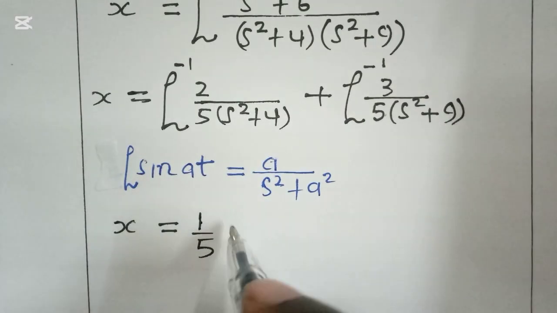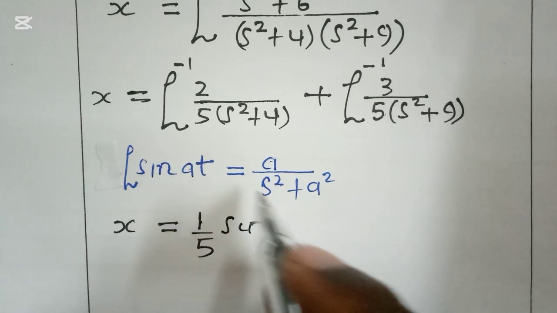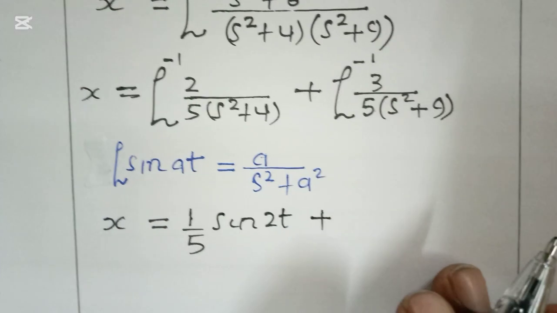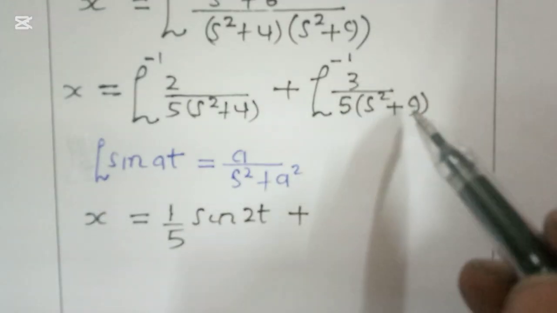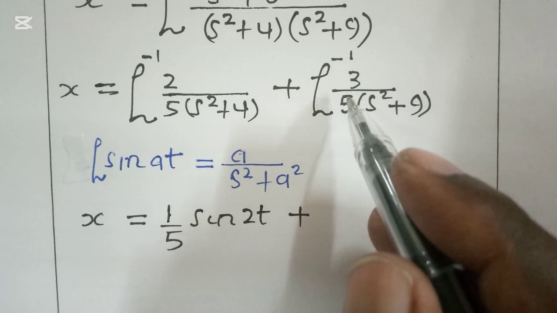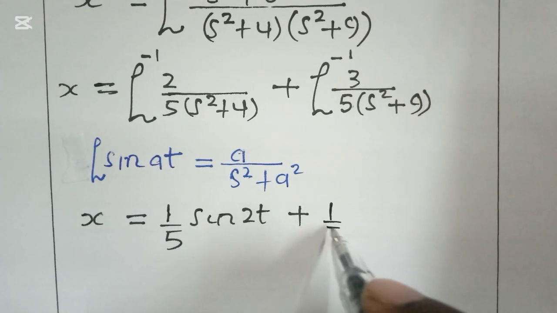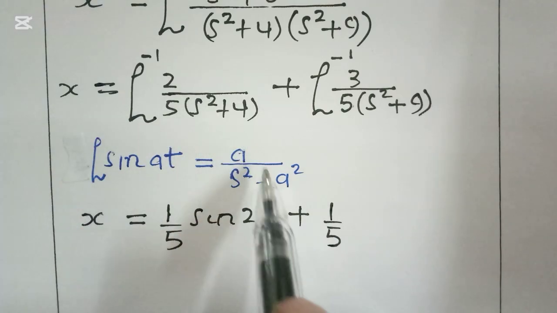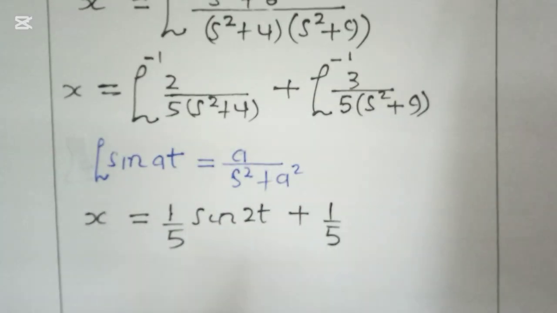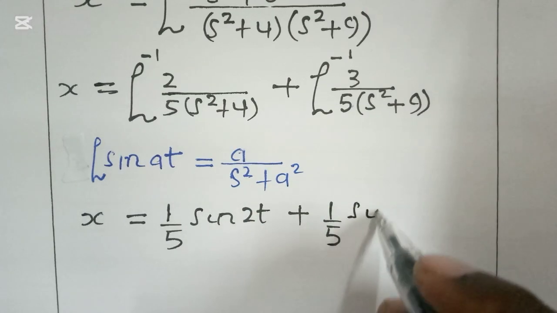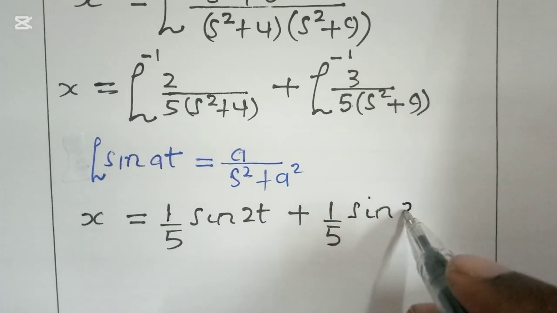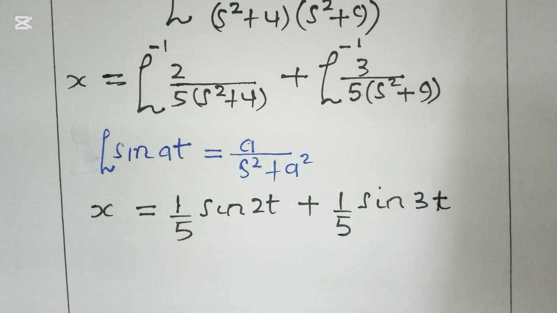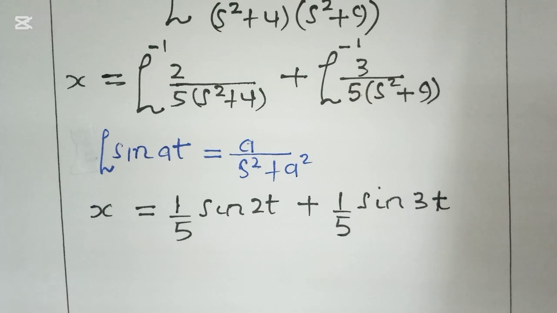So 1 over 5 sin 2t, plus, the same happens to this. This 3 and 9 are together. So 1 over 5 can be factored out, just like we have done here. We are left with 2 there, so that we can fulfill the condition of this equation. So this is going to be sin 3t. Guys, this is now our solution. And thank you for listening to me. Bye bye.